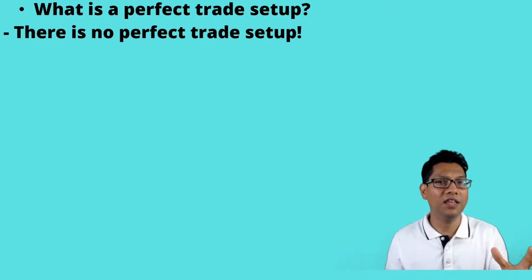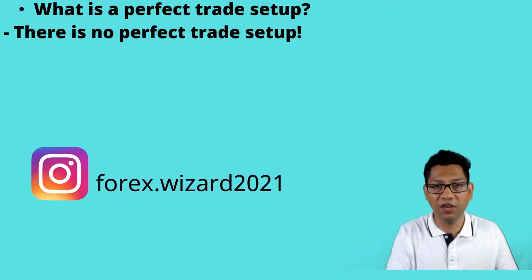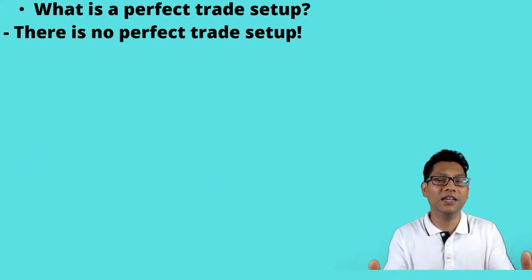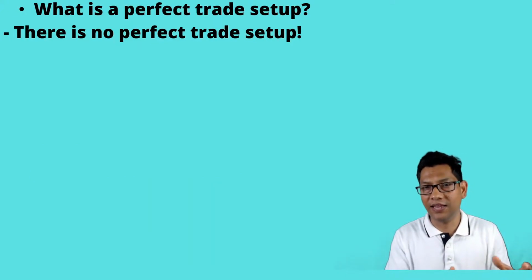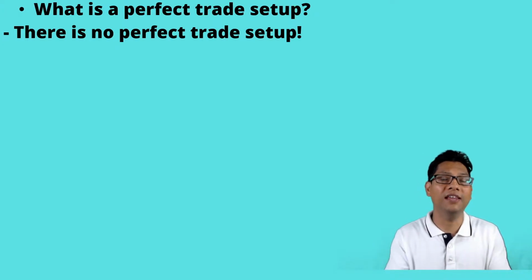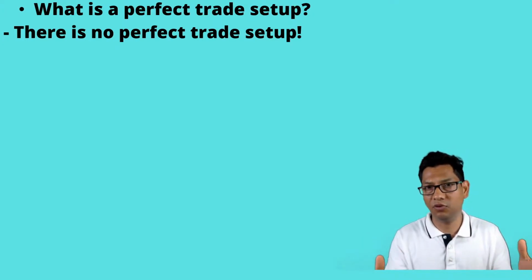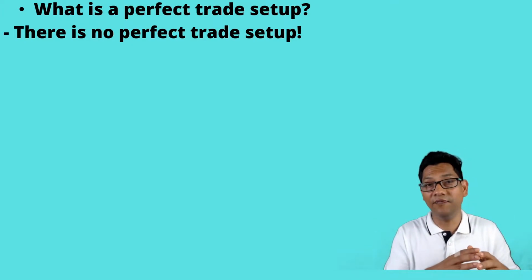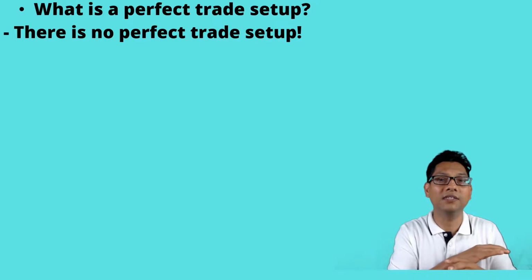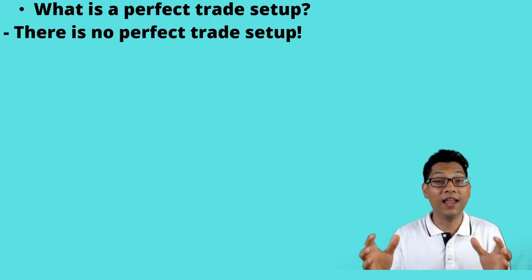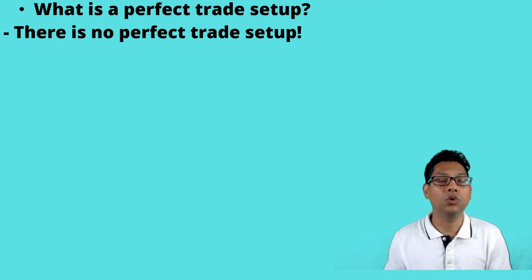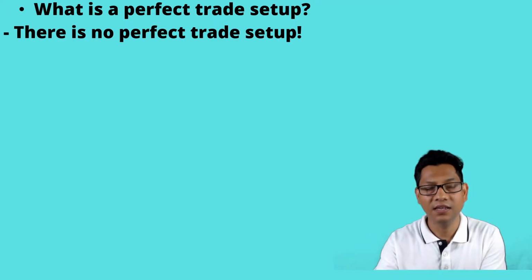Well, you might be thinking, then what is the point of this video if there is no perfect trade setup? There is a gas in chemistry called the ideal gas that you might have studied already. In reality, there is no gas like an ideal gas. But the gas which is closer to an ideal gas is called a perfect gas.